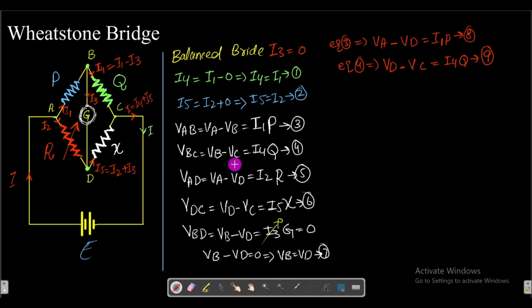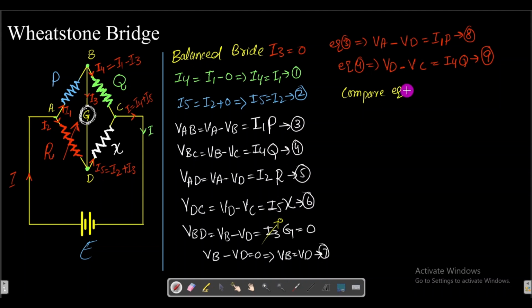In this equation we don't have the value of VB. Now compare equation 8 and equation 5.